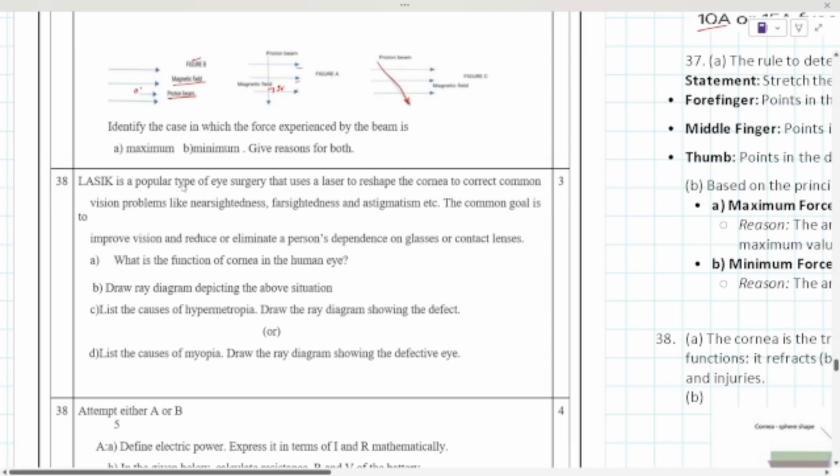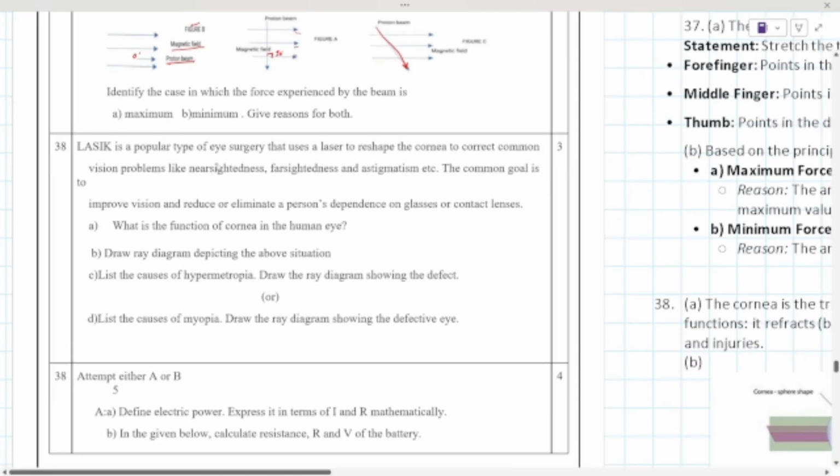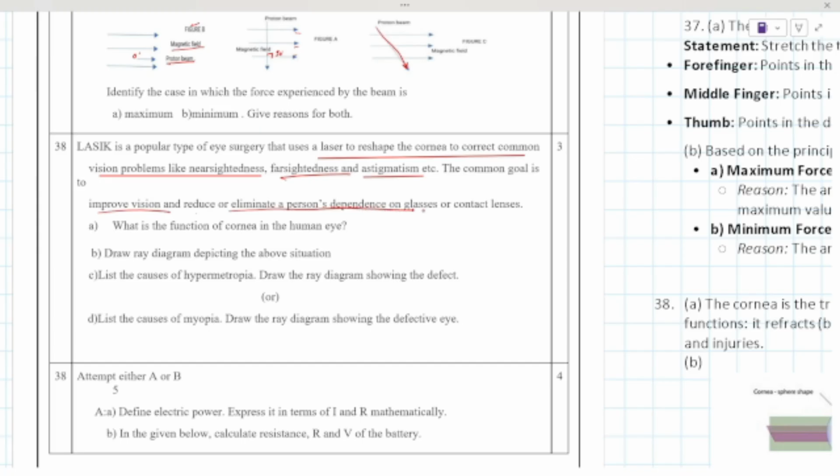Now 38. LASIK is a popular type of eye surgery that corrects common problems like nearsightedness, farsightedness and so on. The common goal is to reduce or eliminate the need for glasses or contact lenses.